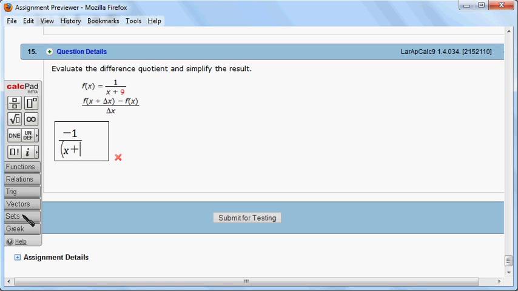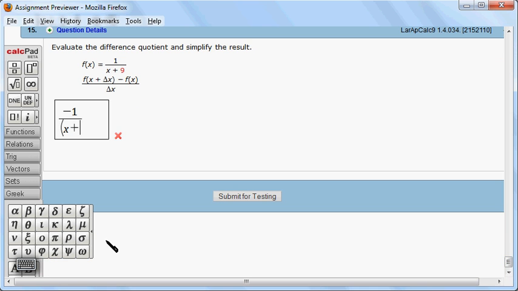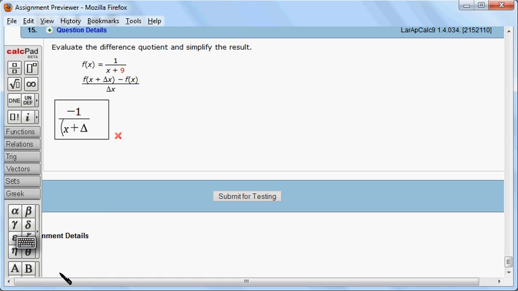We have to get a Greek letter, which should be down here. Maybe open this up. Here's delta. So delta x plus 9, then you have quantity x plus 9.